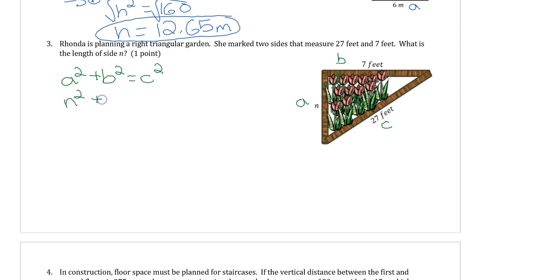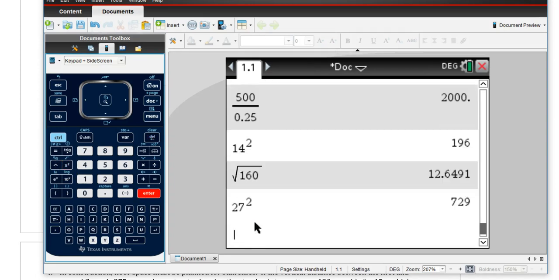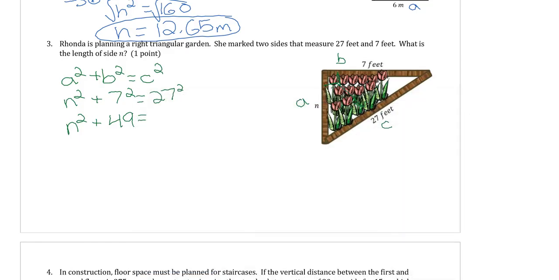N squared plus 7 squared equals 27 squared. N squared plus 7 squared is 49. 27 squared is 729. So N squared plus 49 equals 729.